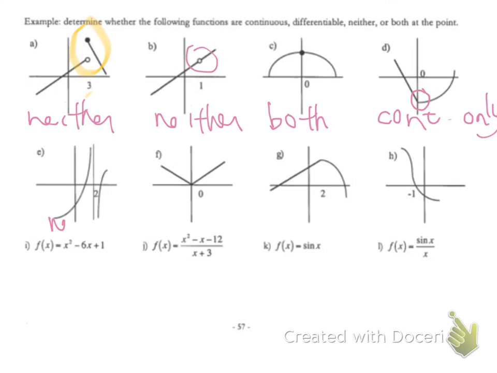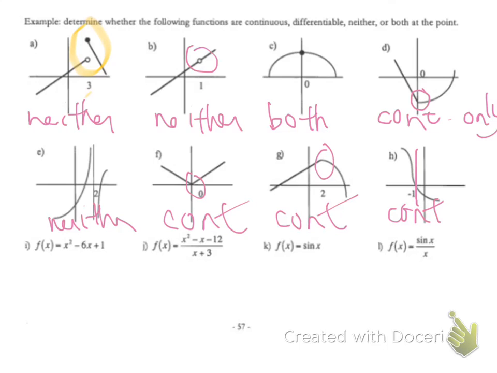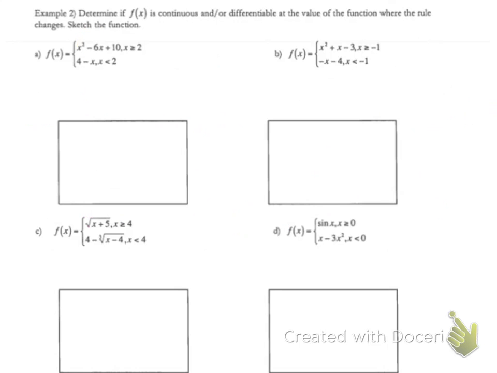So this is neither. Here we have a corner, but it is continuous. Here we have another corner, but we are continuous here. And here we have a vertical tangent, but it is continuous, not smooth.